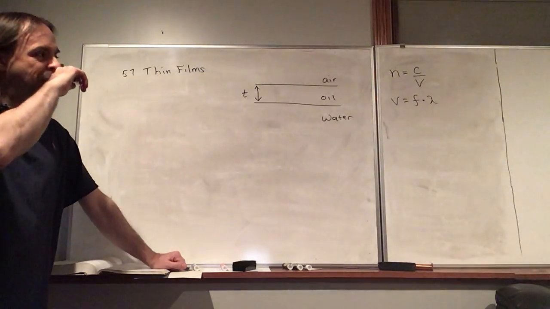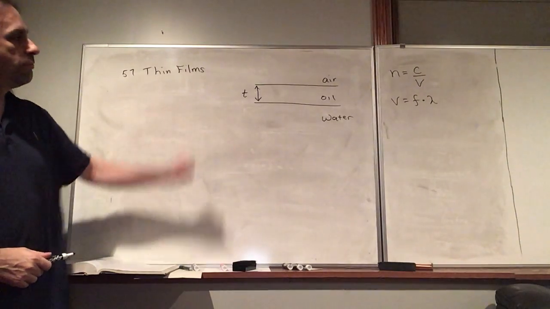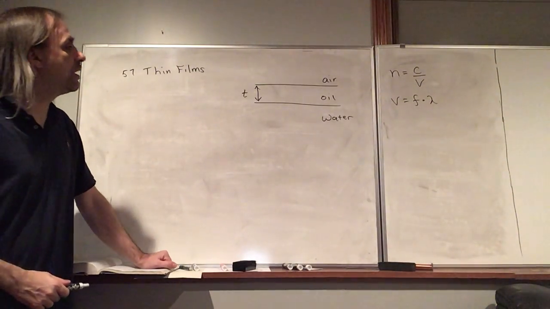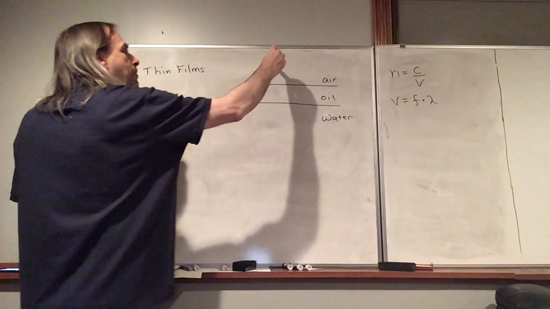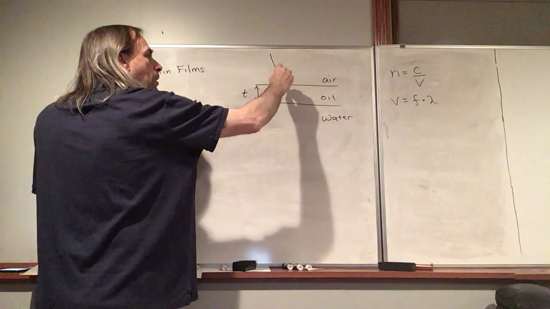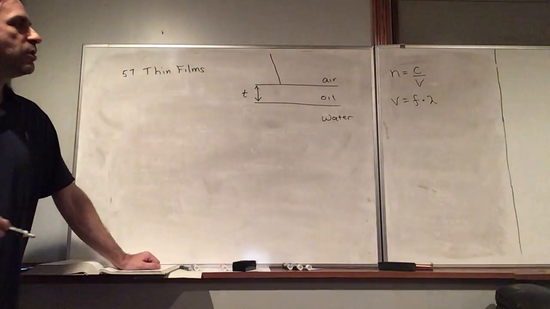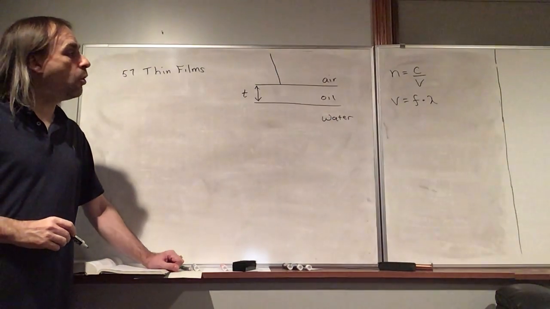So what happens, let's say we have light shining down on this. It's coming from air, and it's going to hit this oil that's resting on top of the water. We say light shines vertically downwards on the oil.